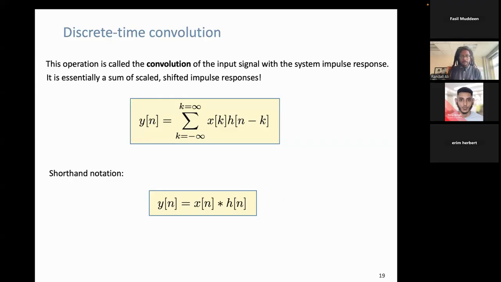So the important point here was to show you that because we're considering systems that are linear and time invariant, we can uniquely characterize them by what's called the impulse response. So sending an input with a unit impulse and getting an output, that's our impulse response.